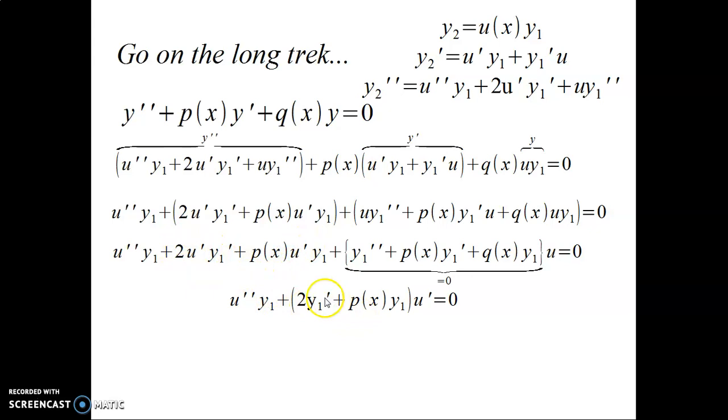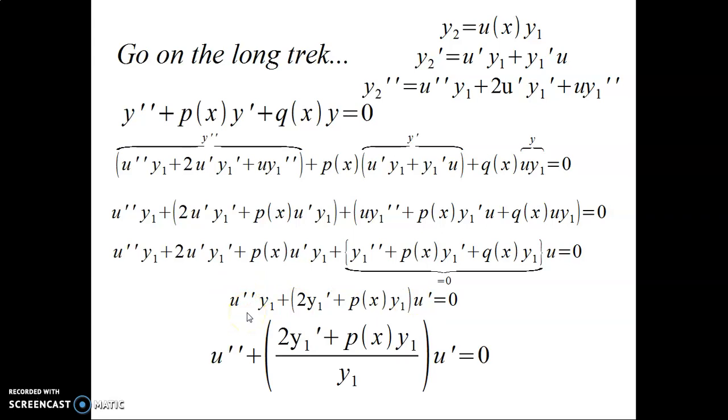I rewrote this first part, grouped those terms, factored out the u prime, and I noticed something. Now, I still have the y1 here, so it's not the same format, but if I divide by y1, this is now a first order linear differential equation in the variable u prime.